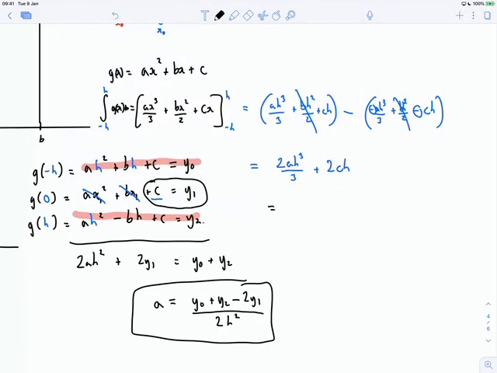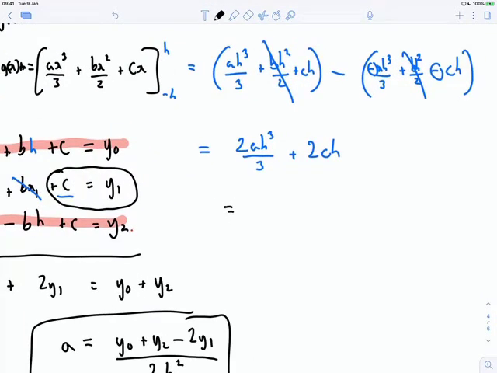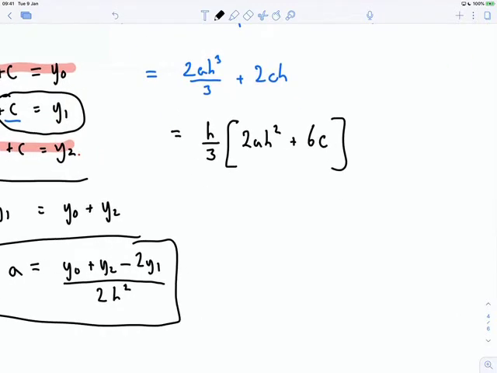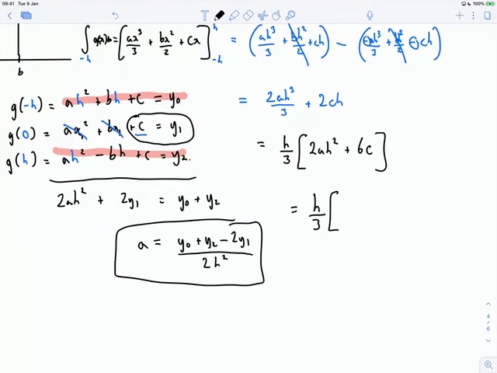So actually let's factorize a little bit. If I take h out, and if I take the third out, you'll see why in a second, because it links to the formula. Then h over 3, that is 2ah squared plus 6c. So h over 3 times, what is 2ah squared?